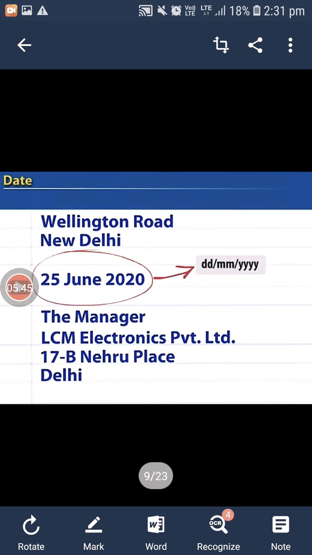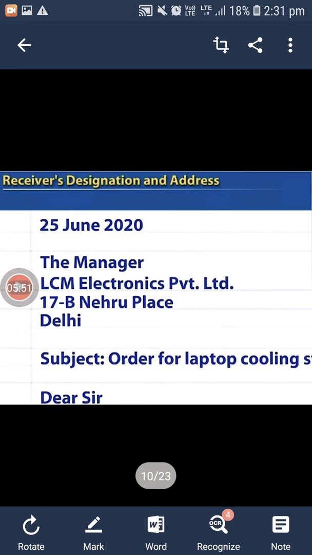Next, we will write the receiver's address. In the receiver's address, we will point out the designation and address both. In case you know the name, you can write the name above the designation. It will also come in 2 to 3 lines.